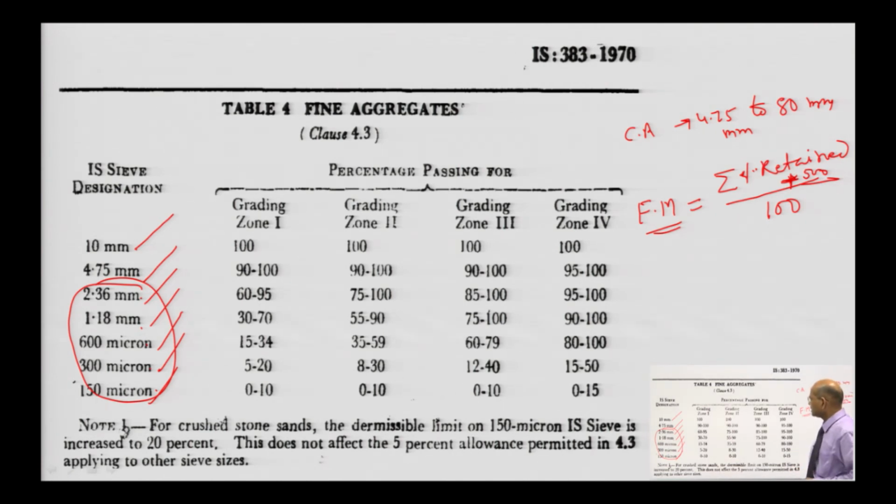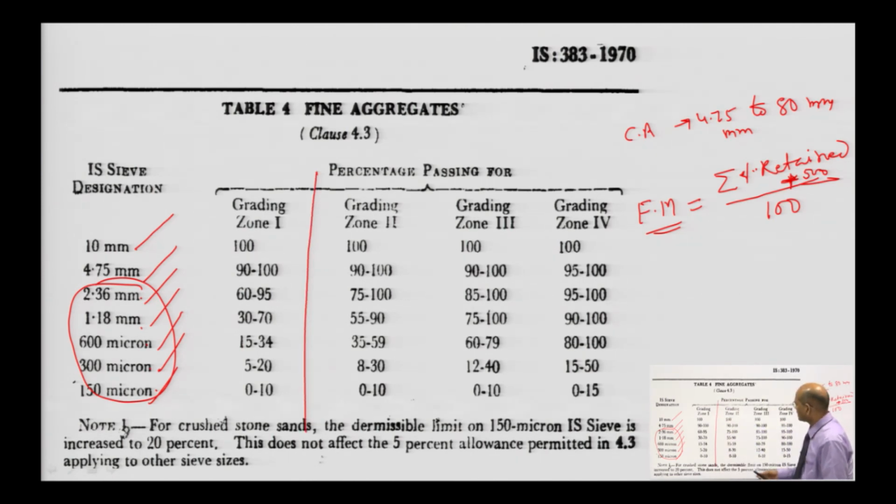So, this is very, very important. Based on sieve analysis, we have to go for the zoning: grading zone 1, grading zone 2, grading zone 3 and grading zone 4. So, if your material is, say, you just go and sieve.